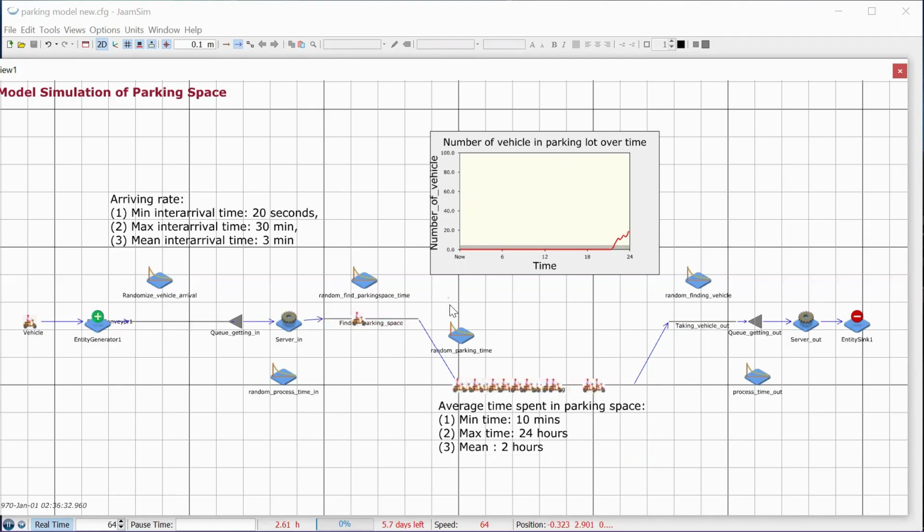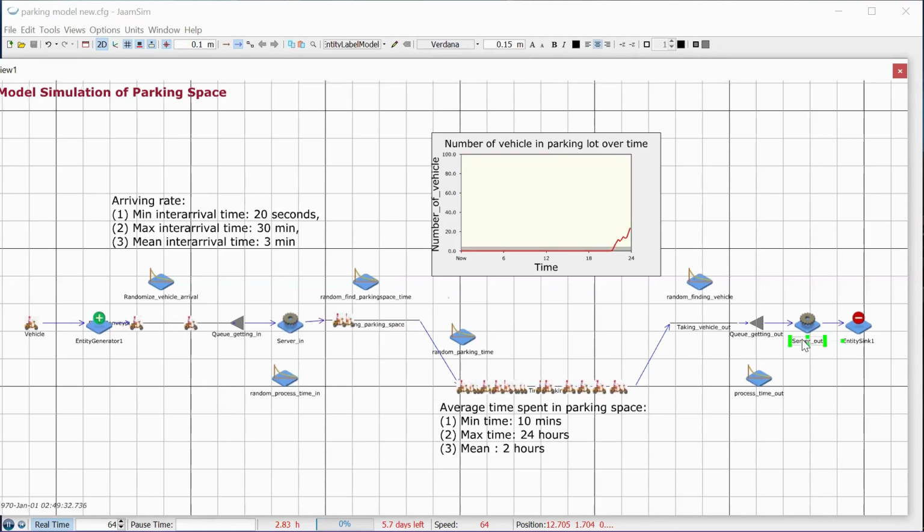We also use random exponential distribution for this to randomize the time people need to find their vehicle. And then there's the queue and server out, which is the time people need to get the ticket and pay. This is also randomized because some people can pay very fast because they have the money ready, but sometimes they don't.